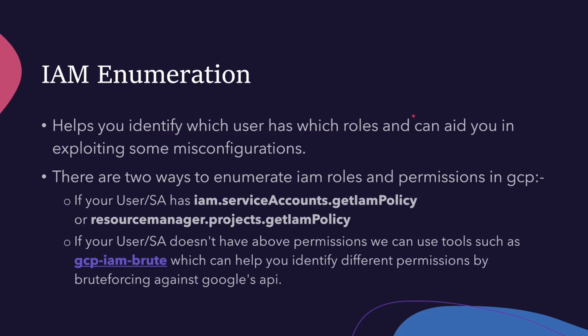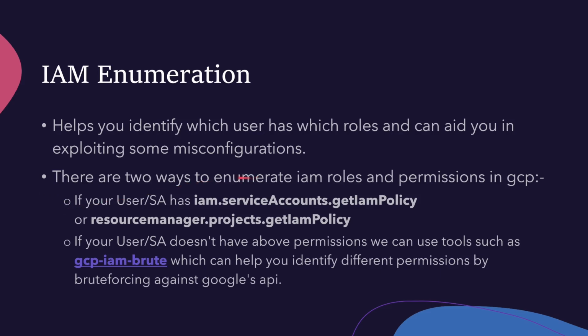It can greatly aid you in finding misconfigurations in the cloud environment, which you can possibly exploit to escalate your privileges. It's all about knowing your surroundings; the more information you get about the GCP project, the better you can plan a strategy for how to attack it.